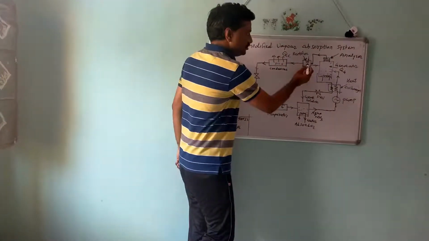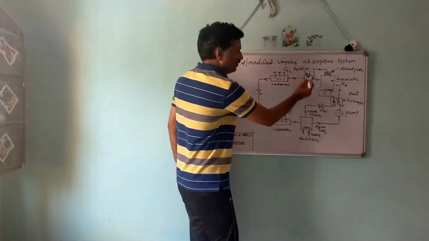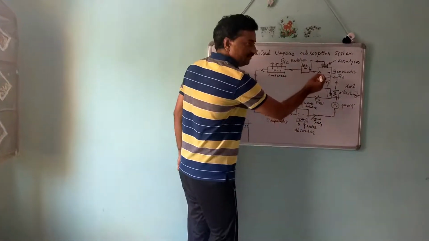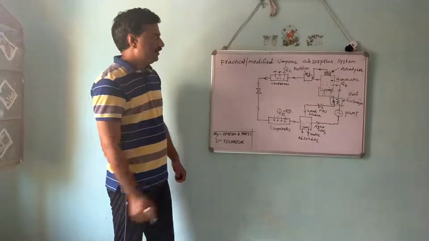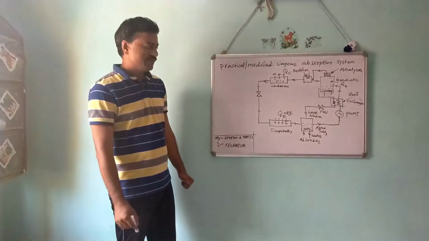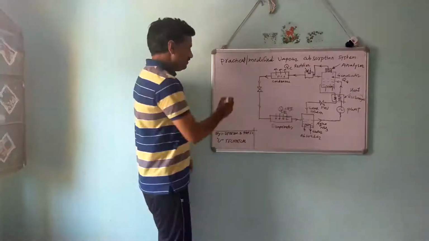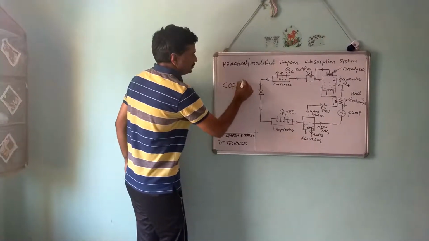And this rectifier ensures that only ammonia vapor will pass to the condenser. Water vapors are condensed here, and again these are given back to the generator. So this is the working of the practical or modified vapor absorption system, and due to this system, the COP will improve.